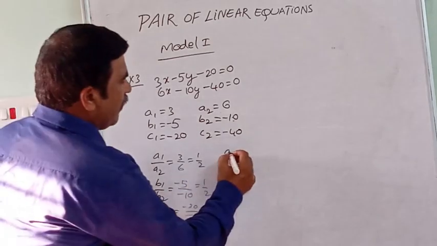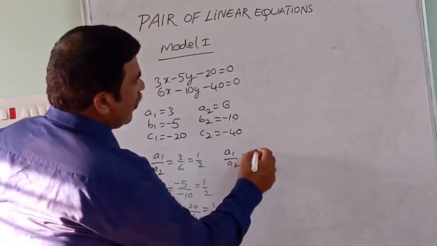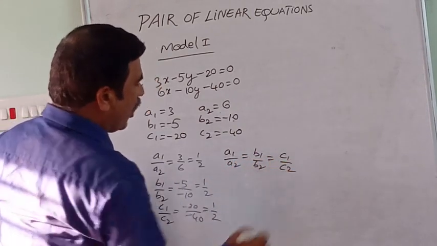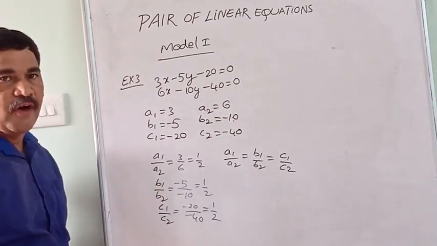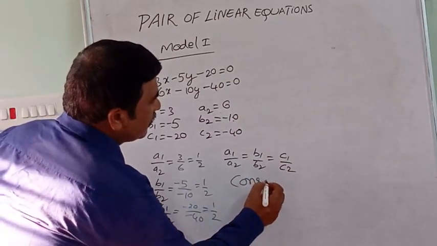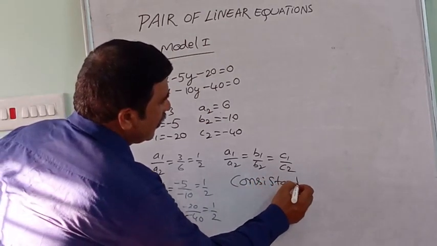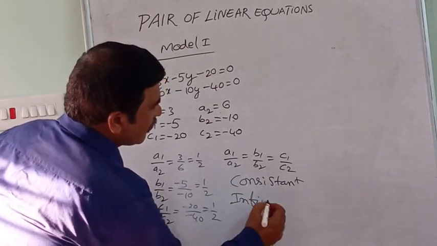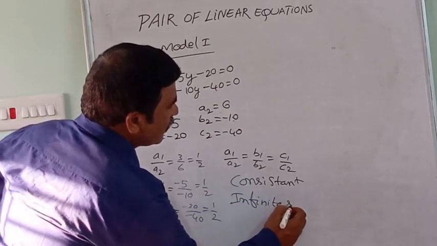Therefore, a1 by a2 is equal to b1 by b2 is equal to c1 by c2. All are equal, therefore equations are consistent and have infinite solutions.